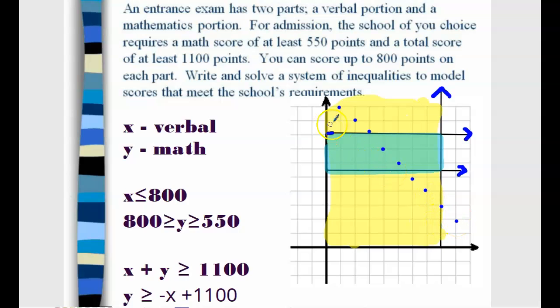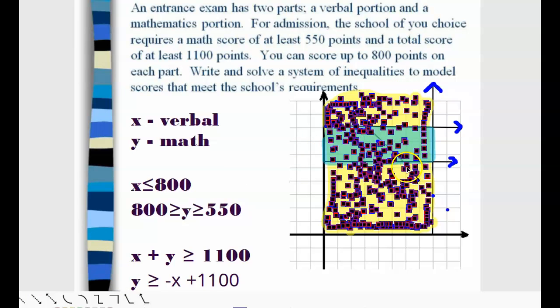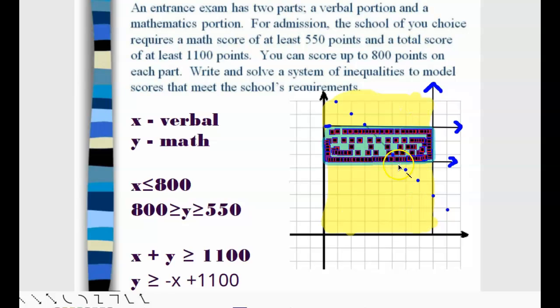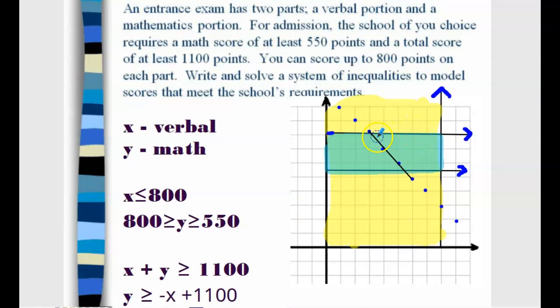But I don't really care what's outside of these blue or yellow regions. So I only really care about what's happening from this blue dot to this blue dot, because my answer set can only come from where it's already light blue to where this line would shade. And this line would shade above this graph.